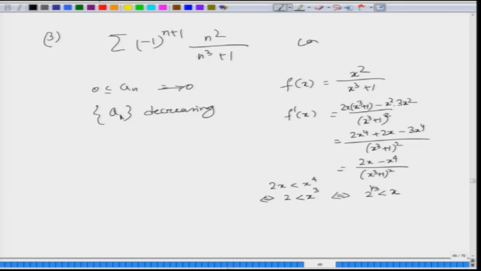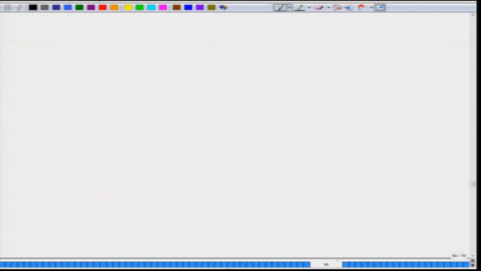Hence, by the Leibniz test, this is a convergent series. For the Leibniz test, what we need to check is that this decreases to 0.